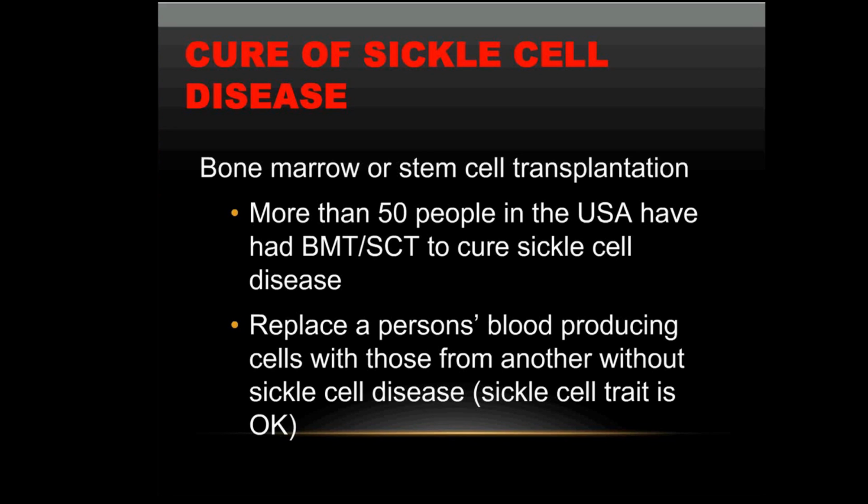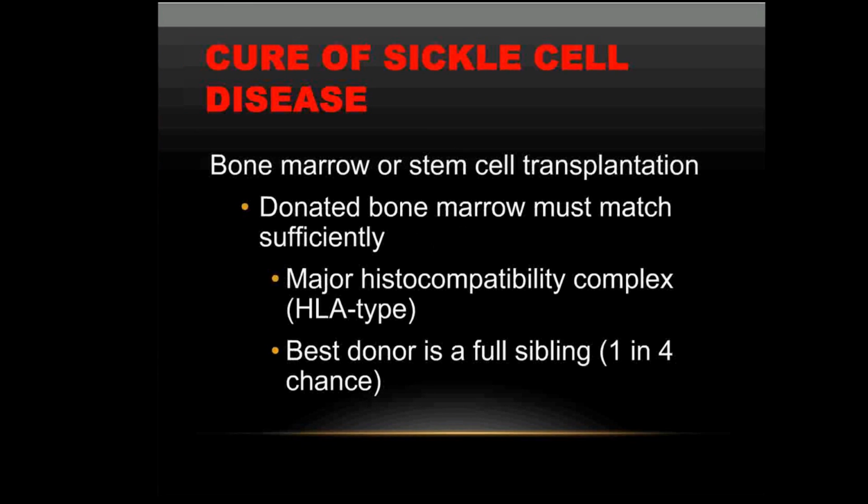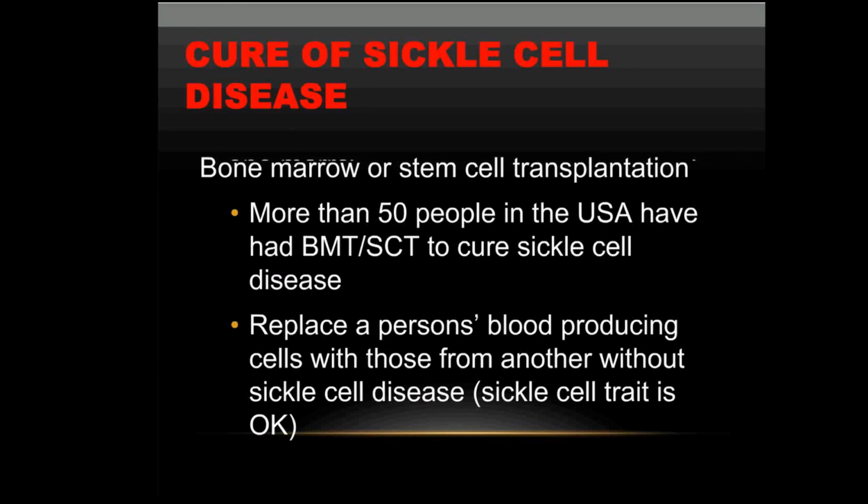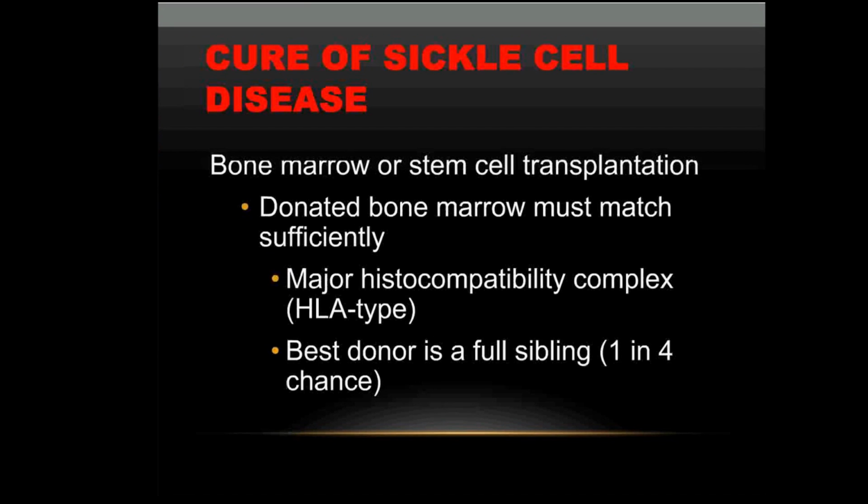transplantation. There have been more than 50 people in the U.S. that have had this bone marrow transplant or stem cell transplant to cure sickle cell disease. And basically what it does is it totally replaces a person's blood producing cells with those from another person without sickle cell disease.